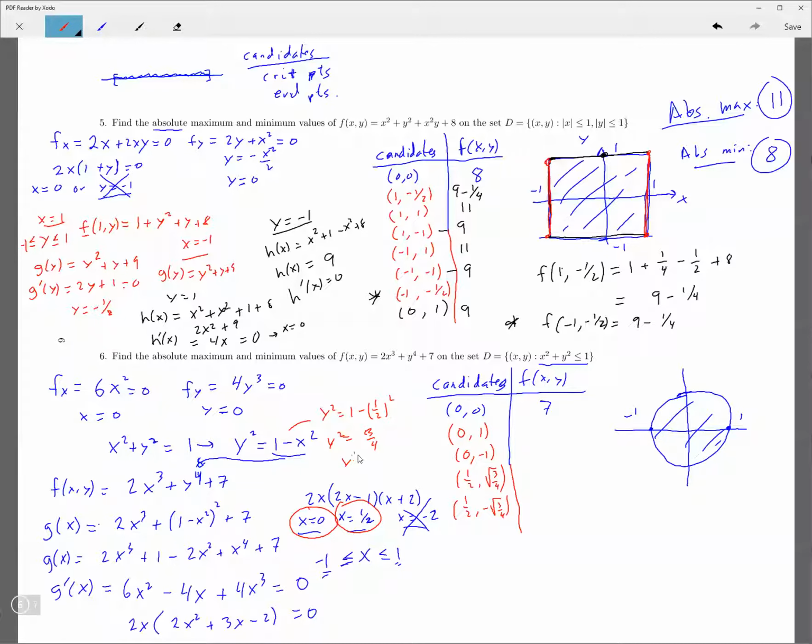And that means y to the 4th is 9/16, by the way, which is what gets plugged in there. Now we're looking at when x is -1. The only way that happens is if y is 0, and then when x is 1, y is 0.